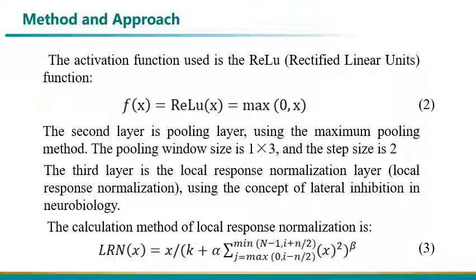The second layer is a pooling layer using the maximum pooling method. The pooling window size is 1 multiplied by 3 and the step size is 2. The third layer is the local response normalization layer using the concept of lateral inhibition in neurobiology. The calculation method of the local response normalization is as formula 3.